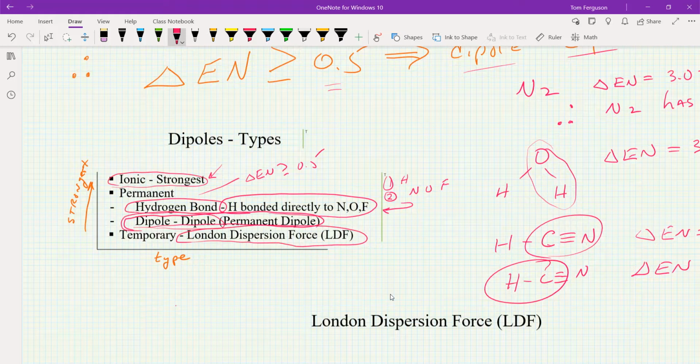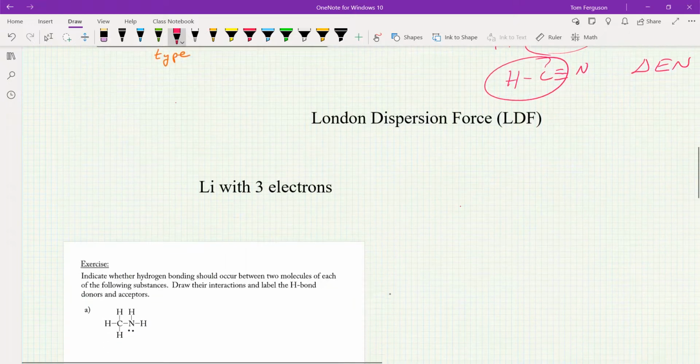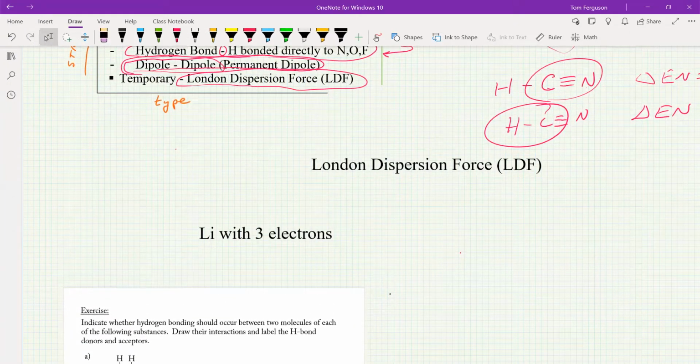London dispersion forces, people usually say they're temporary. And what I mean by that is, if we were to look at lithium, a nucleus with 3 protons in it and some number of neutrons depending on the isotope, and we have 3 electrons running around.